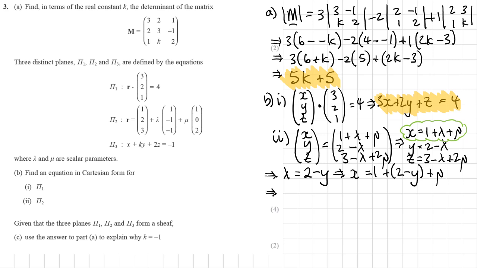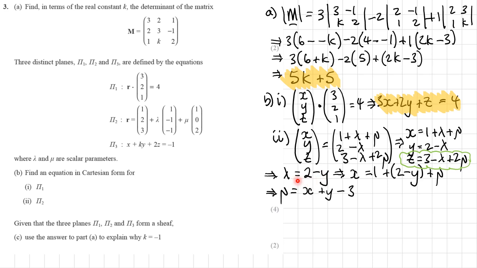Now I'll just tidy it up a bit, and I'll get mu is equal to x plus y minus 3. Now the reason I've made mu the subject is because then it allows me to substitute that into the third equation for z. We need to use all 3 equations.